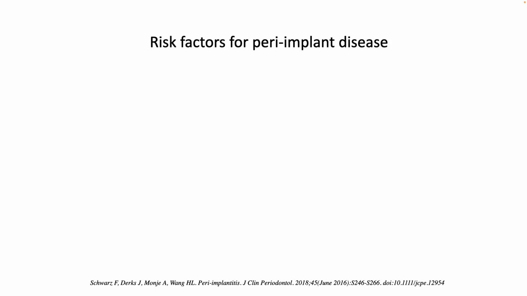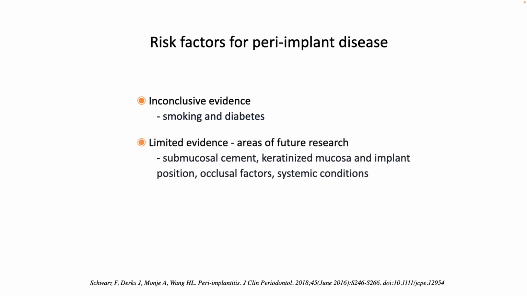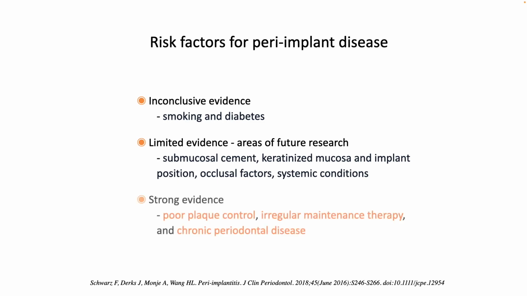So risk factors for peri-implant disease. Well, currently for peri-implant disease anyway, it's inconclusive that smoking and diabetes are related. And there's limited evidence for submucosal cement, keratinized mucosa, implant position, occlusal factors, and other systemic conditions, although it's highly associated.